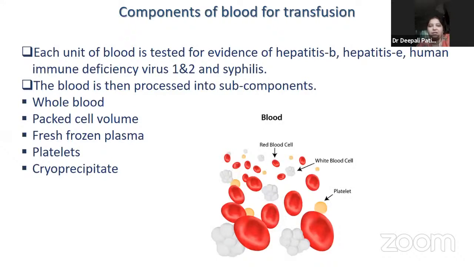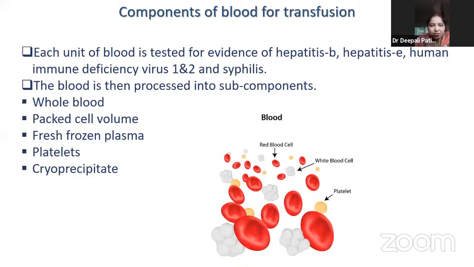Then we will see components of blood transfusion. Blood transfusion doesn't always mean transfusion of whole blood. Some patients may require certain components of blood, such as RBCs, platelets, or cryoprecipitate or clotting factors. So we will see what are the different components of blood used for blood transfusion.